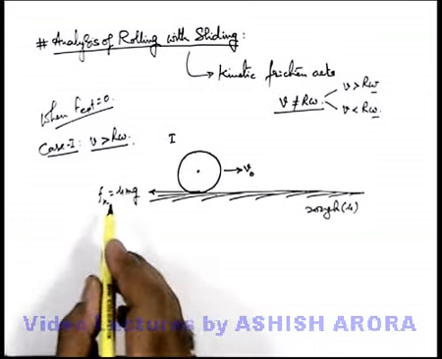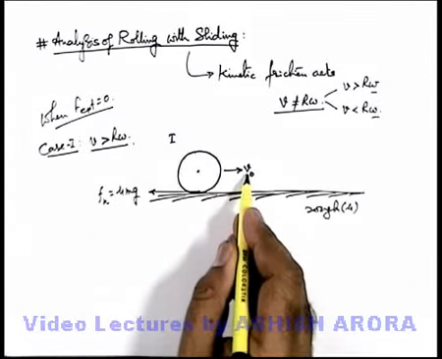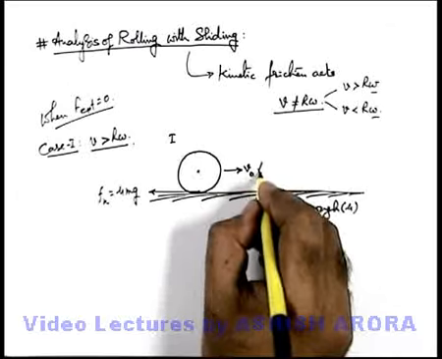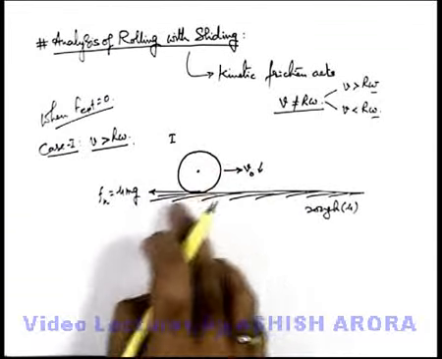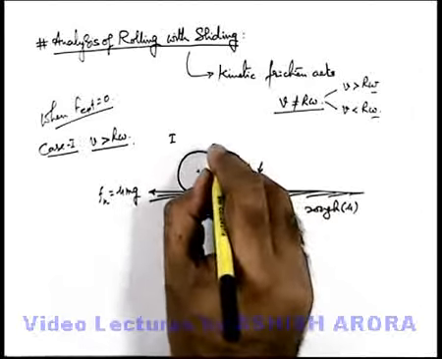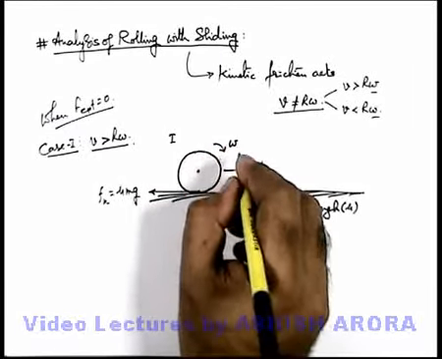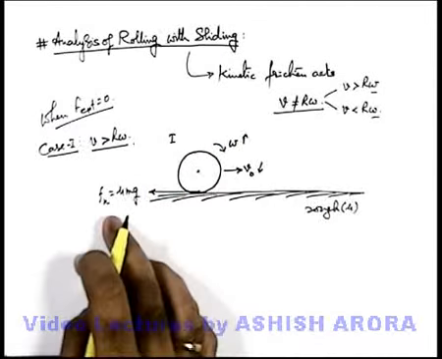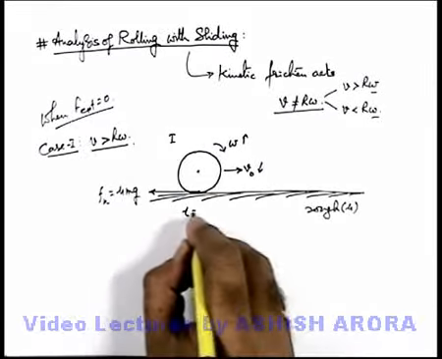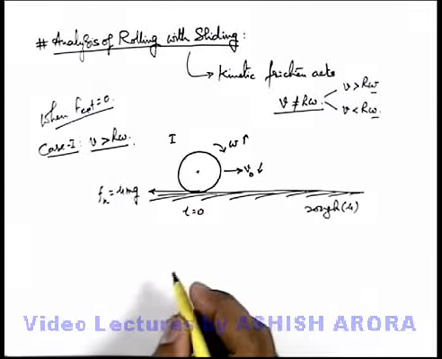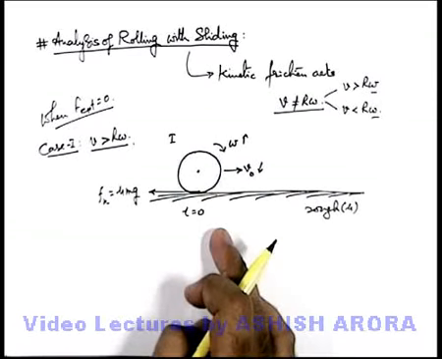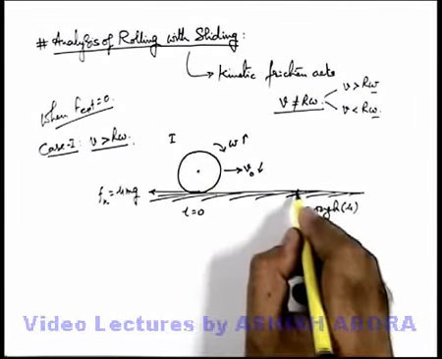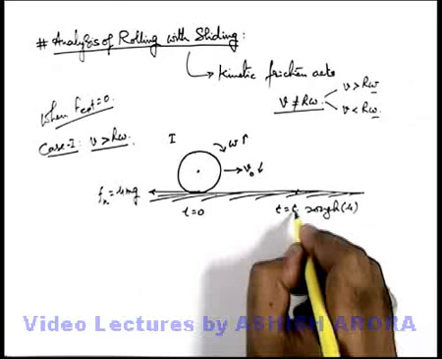Due to this friction, the translational speed will decrease because it is opposing, and the torque provided by this friction will impart some angular speed which will increase. Say at t equal to 0 we have just placed the body and imparted an impulse due to which it started moving at a speed v0. And say we analyze the motion after time t.